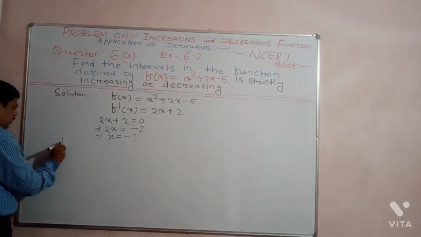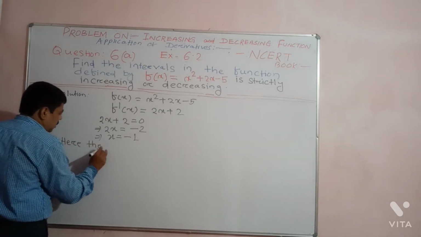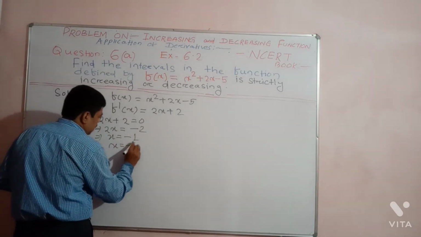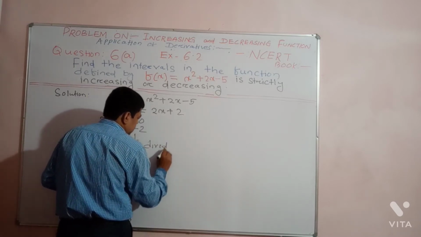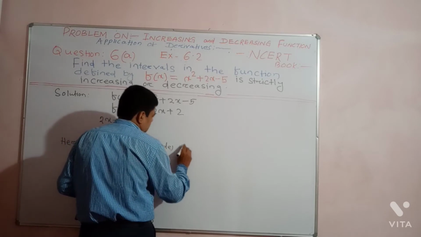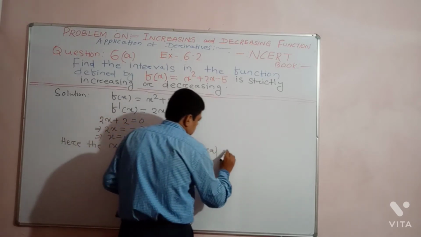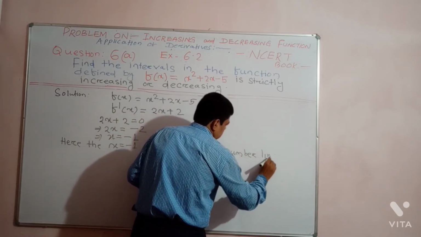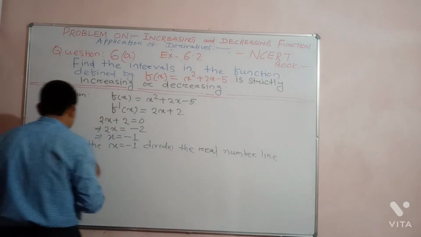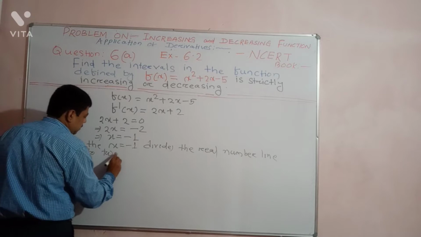Here, in the domain, the real number x is equal to minus 1 divides the real number line into two disjoint intervals.